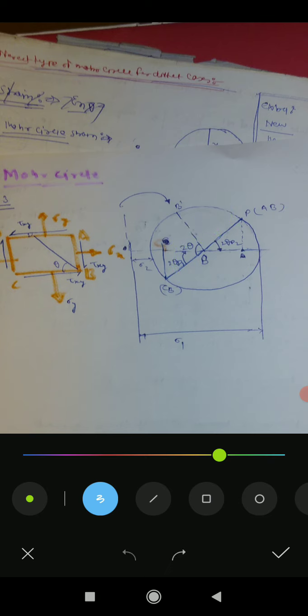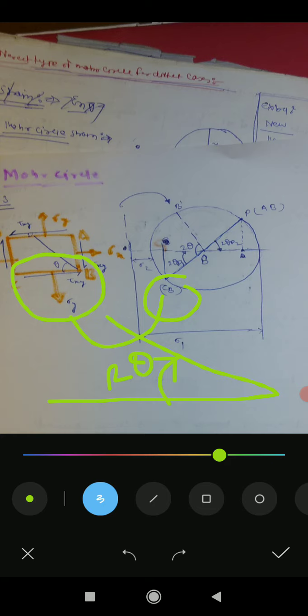This is the beauty of the Mohr circle. This plane was represented by this point. You are going clockwise theta, so in Mohr circle it will get doubled. Okay, 2 theta you have to move to locate our inclined plane. Okay, so we have located it.